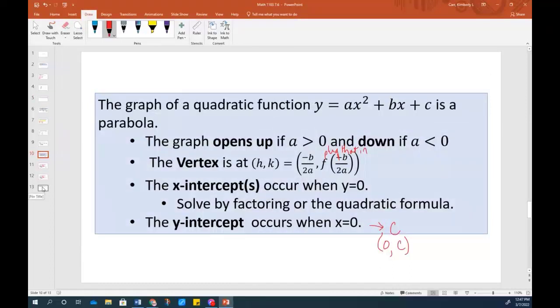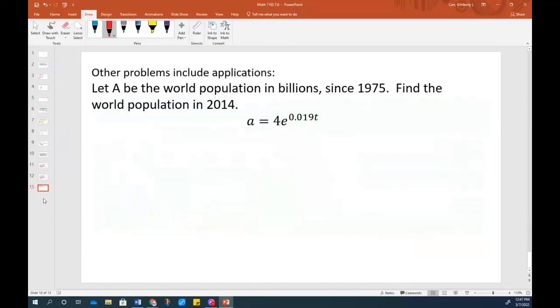And now, just for one example, there's no way I could work all of your examples, but sometimes you're just going to have word problems. And the bigger thing there is, I think, read through and try to determine what everything means. It says here that A is the world population, and it tells you to find the world population.